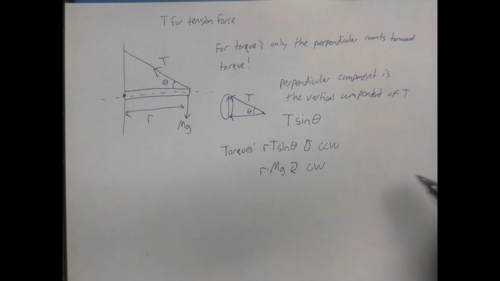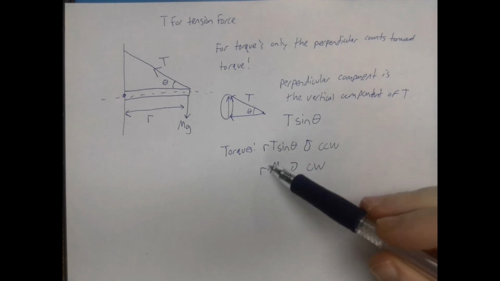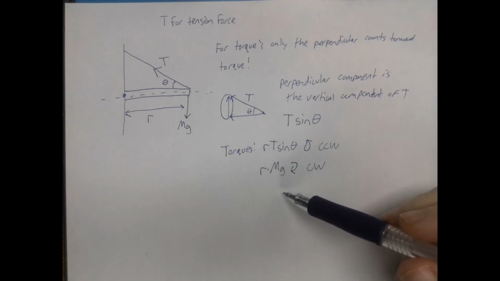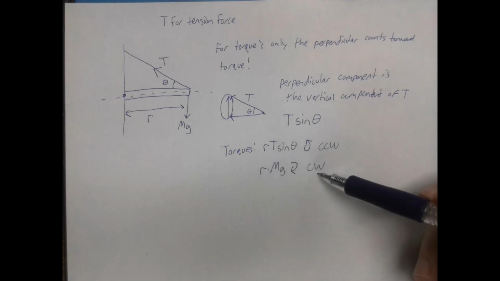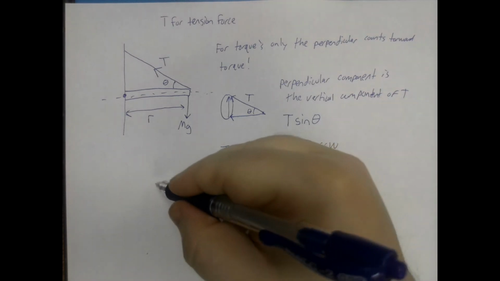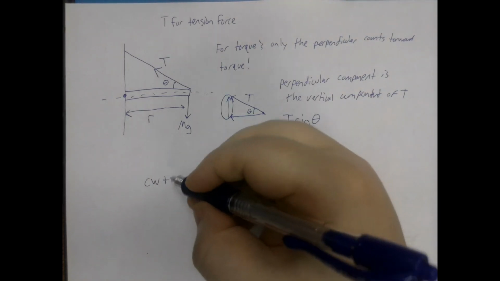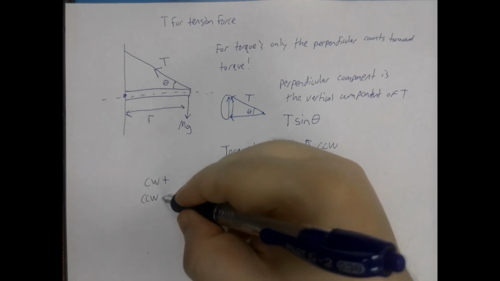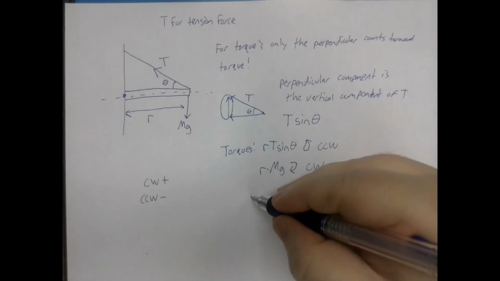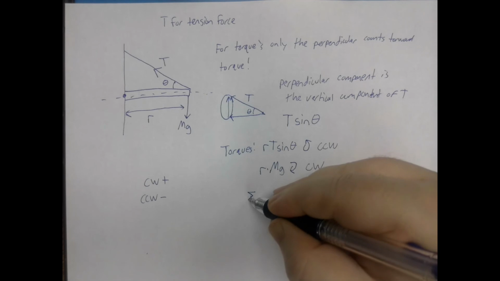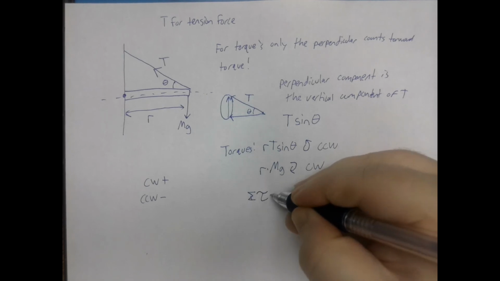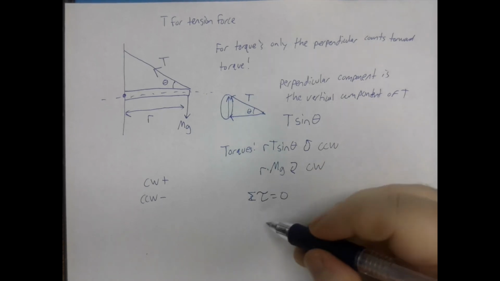Let's solve for m. I like setting whatever variable has the term I'm solving for, I like to set that direction to positive. So I'll let clockwise be positive, counterclockwise be negative. So the sum of torques equals 0 because it's not rotating.